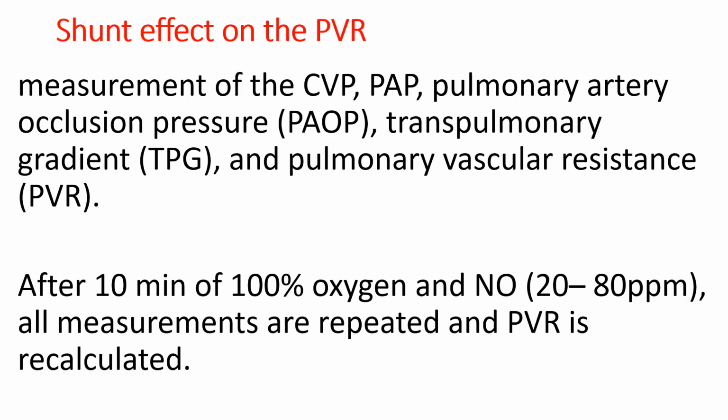Now I want to explain a point related to the left to right shunt. When you have a left to right shunt, this causes high pulmonary blood flow, and this is in the beginning. Sometimes it is just high pulmonary blood flow, or it is high pulmonary blood flow and also high pressure.